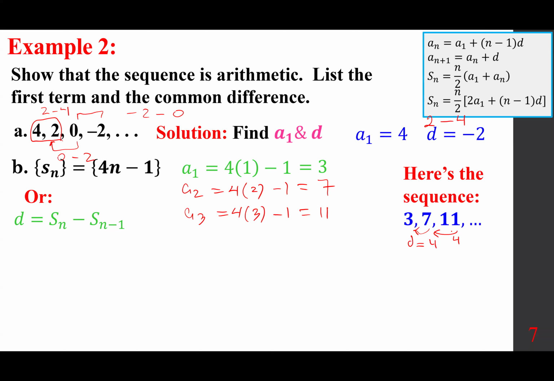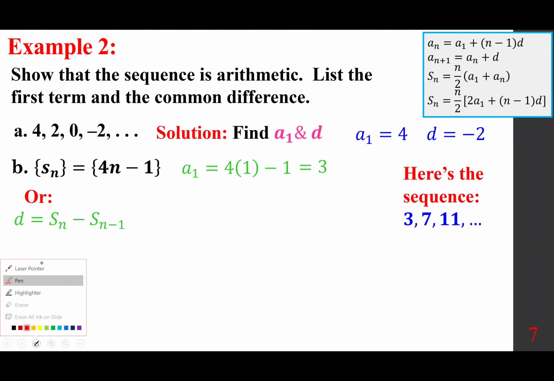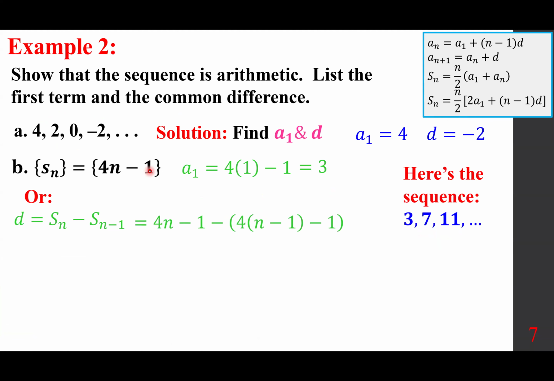We can do that. So let me erase my work so we have enough room. S sub n is 4n minus 1, minus S sub n minus 1, replace n with n minus 1 and observe.